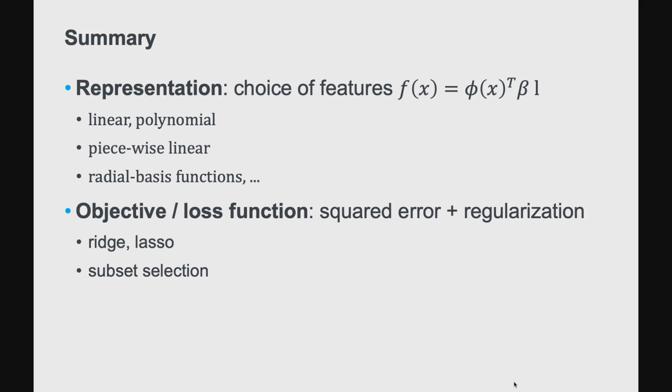Ridge and lasso are continuous versions of subset selection. Subset selection, which I have not talked much about, is oftentimes also necessary, particularly when you do linear regression and you have correlated variables, then your performance is not so great. What would be correlated? For example, birth date and age.